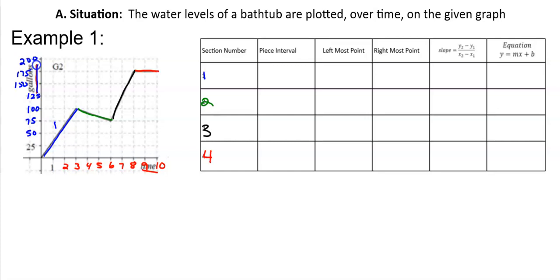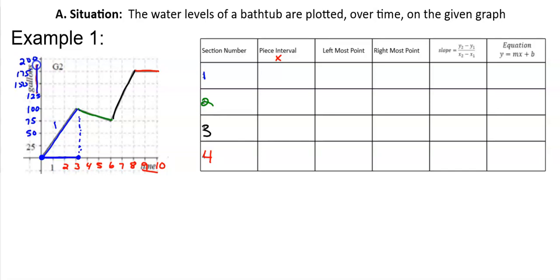Okay. Piece interval, that is our x's. So it's the x values for which our piece starts and ends. So our first piece starts here where x is equal to 0, and it ends, I can draw a straight line, right here where x is equal to 3.